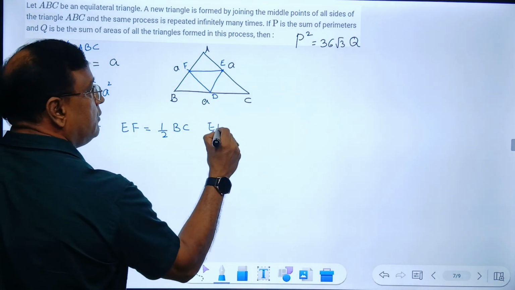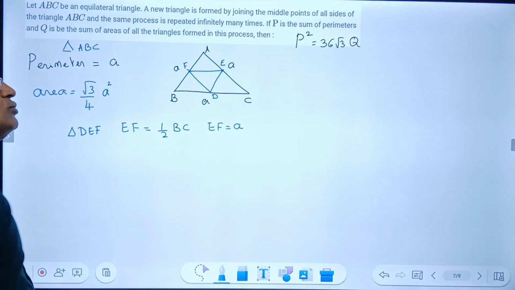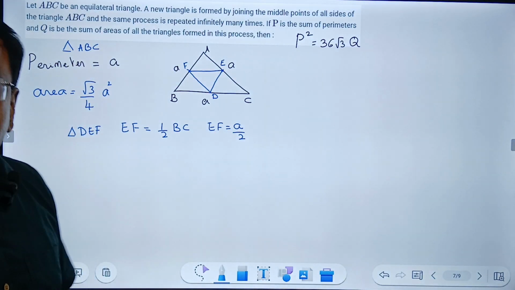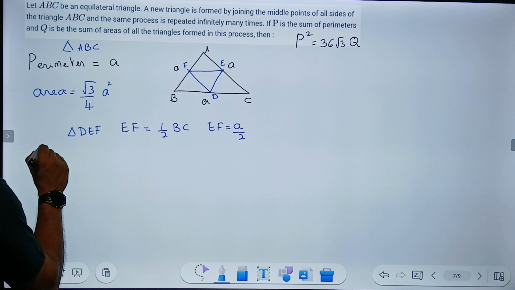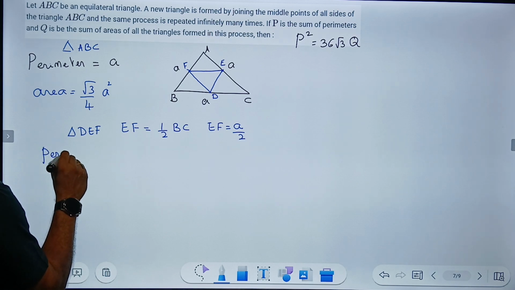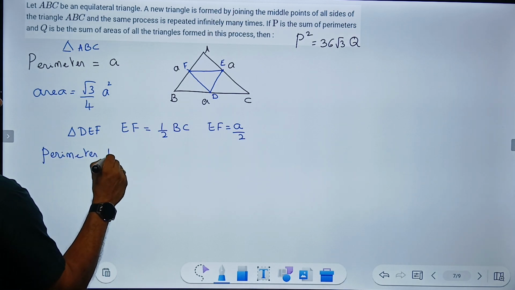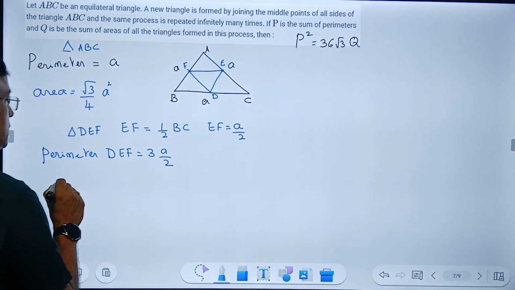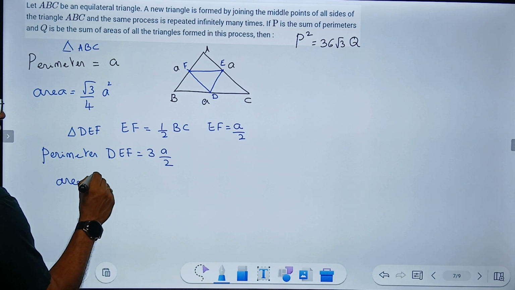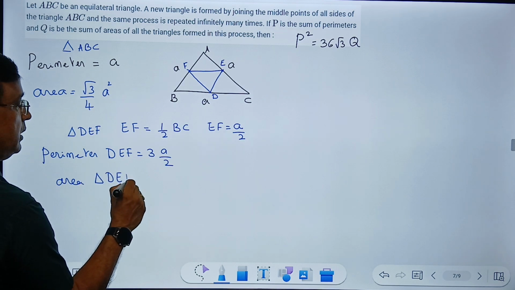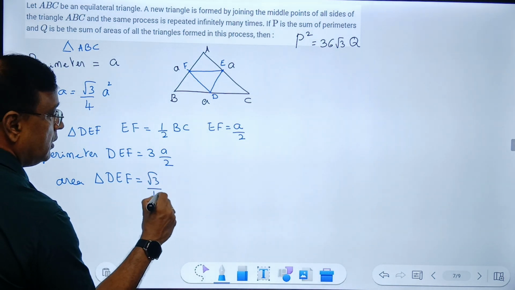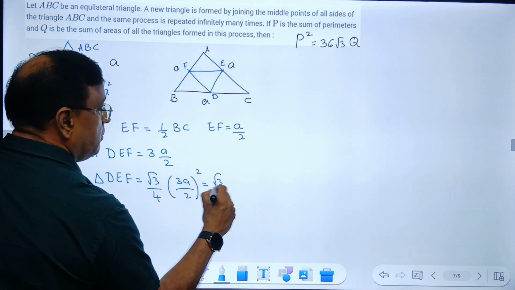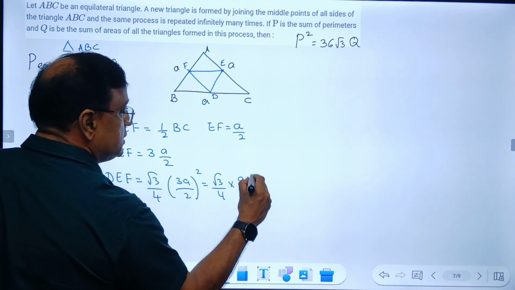So the side of EF will be A by 2, and it will also be an equilateral triangle. The perimeter of triangle DEF will be 3 times A by 2. And the area of triangle DEF will be root 3 by 4 into A square by 4.